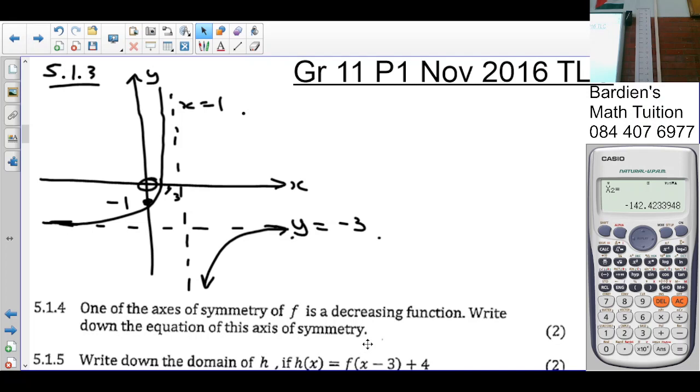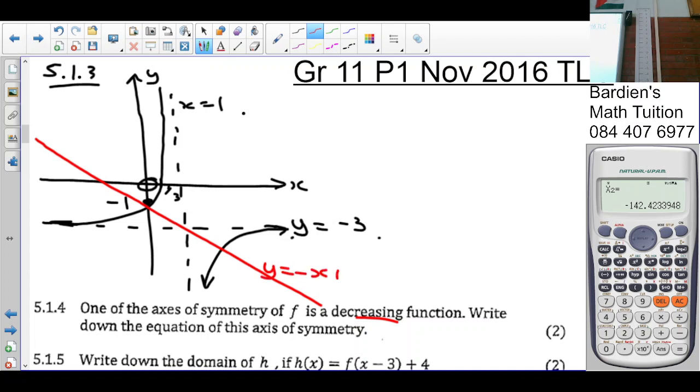So there are two axes of symmetry. One is y is equal to x plus c and the other one is y is equal to minus x plus c. There are two. One is increasing and one is decreasing. So they're speaking specifically about the decreasing function, which is the one going through y is equal to minus x plus c. Can you see that?